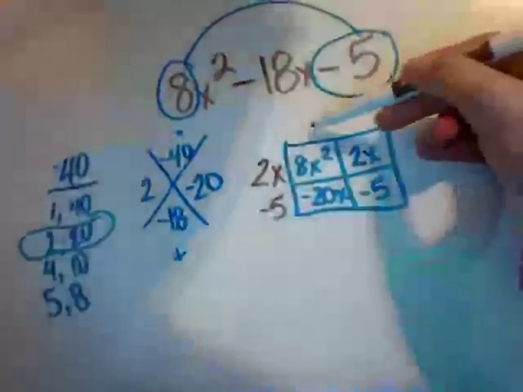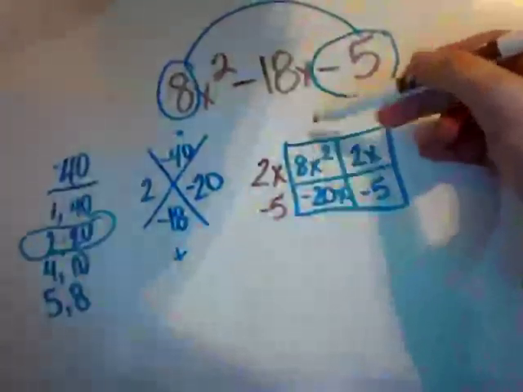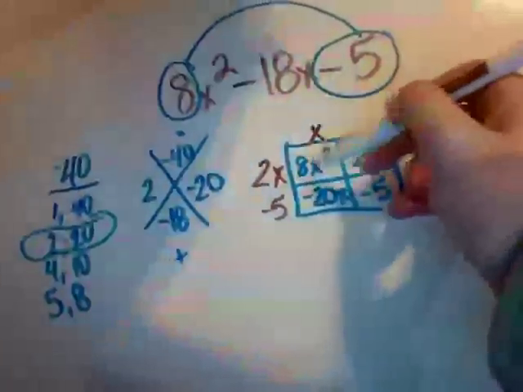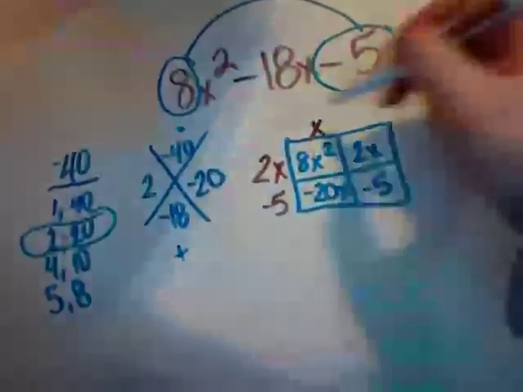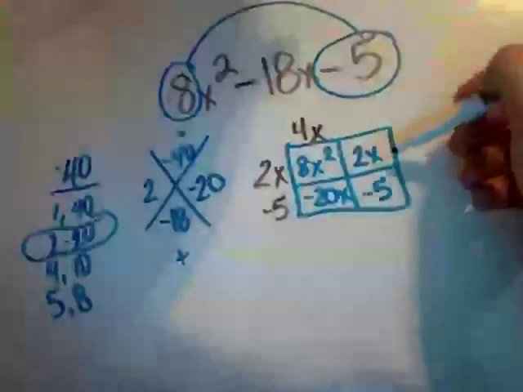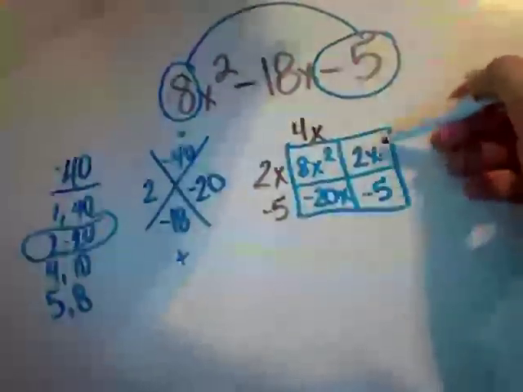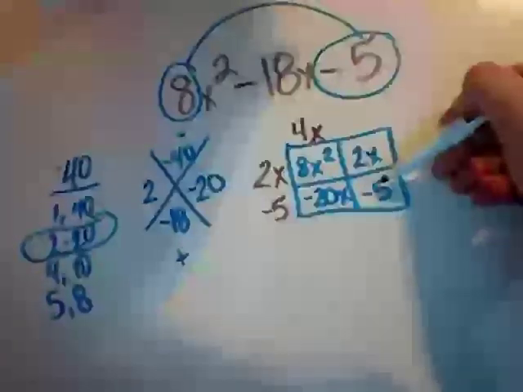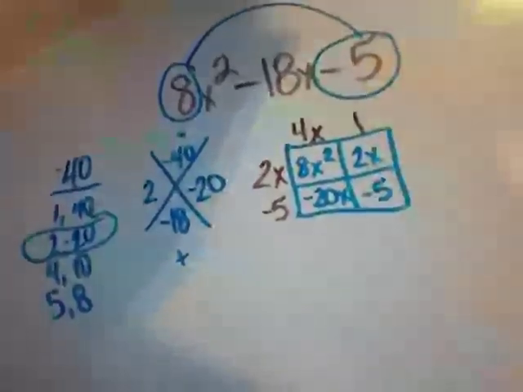All right, so then for our column here, we can factor out an x, and both 8 and 20 are divisible by 4. Okay, for this column, we cannot factor out an x, and 2 and 5 only have a common factor of 1.